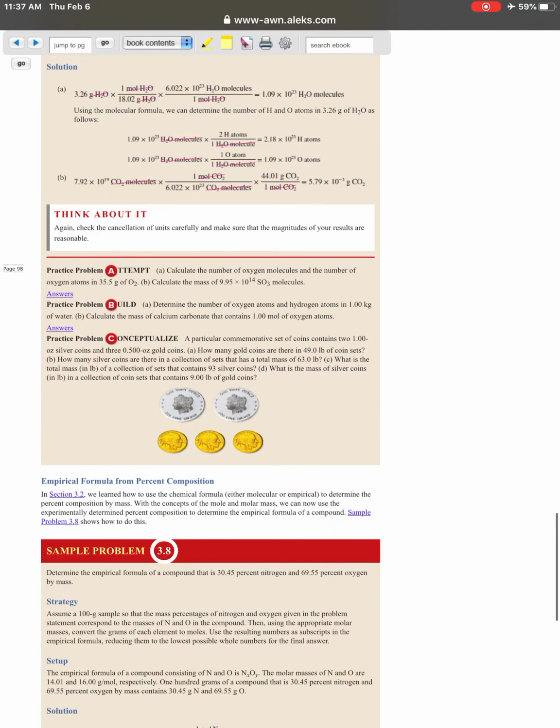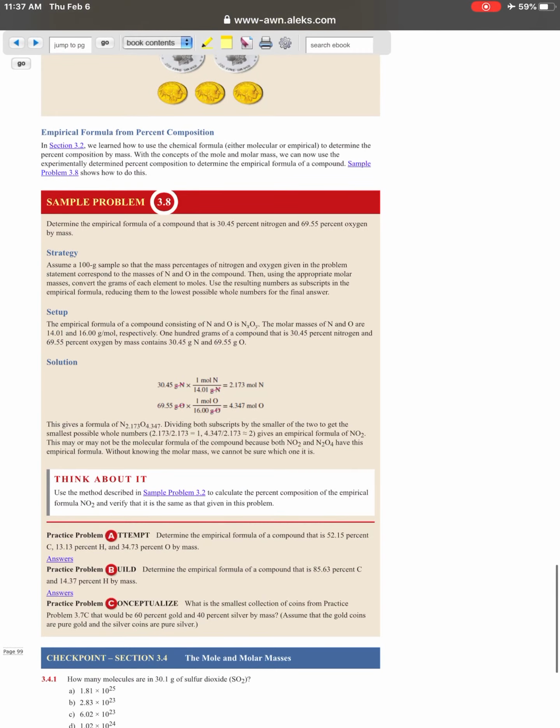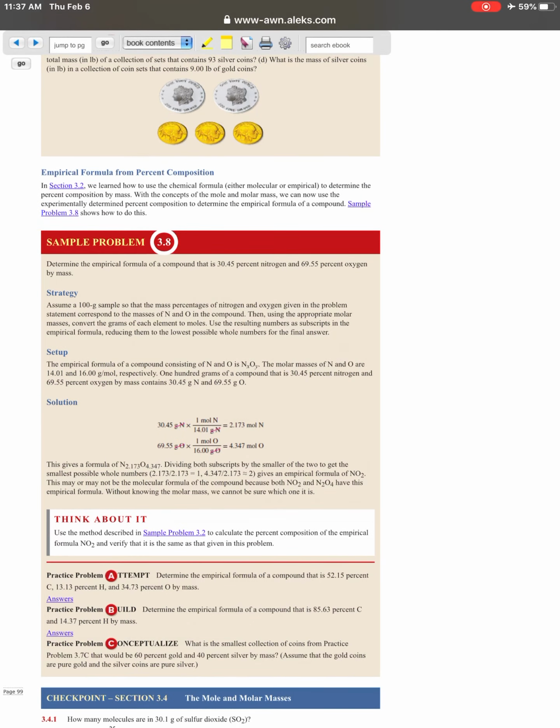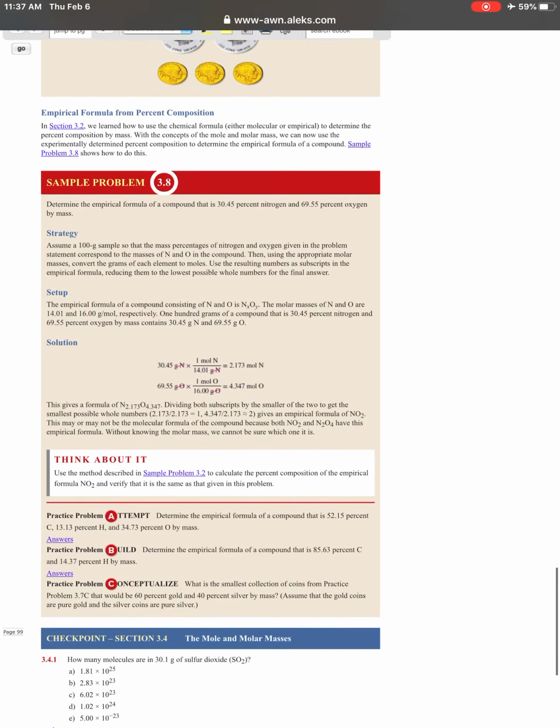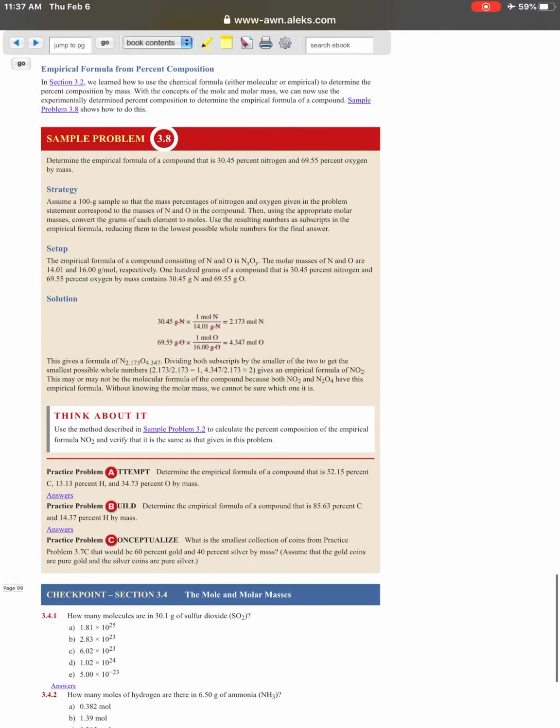Now, at the end is a type of problem, empirical formula from percent composition, that is just sort of thrown in here at the end. It is not discussed in its full context, and the reason for that is they're setting you up for the next section.